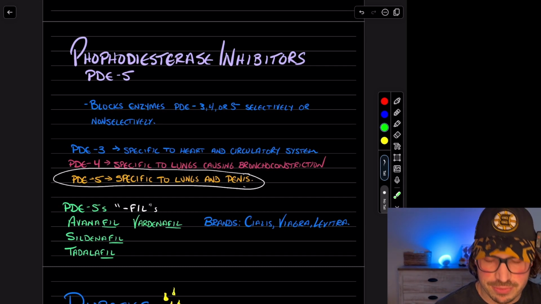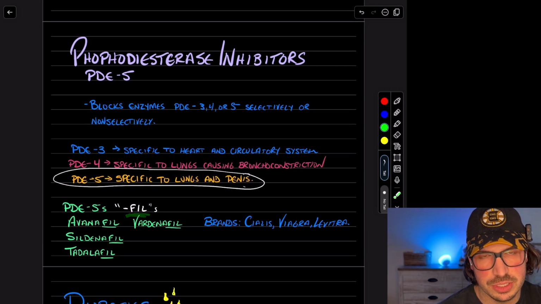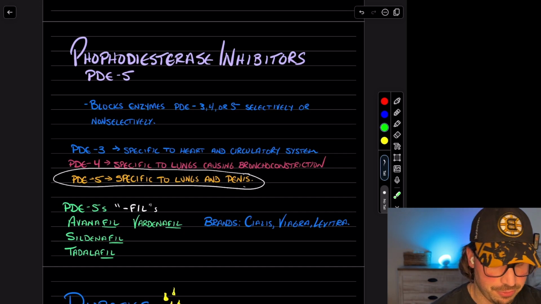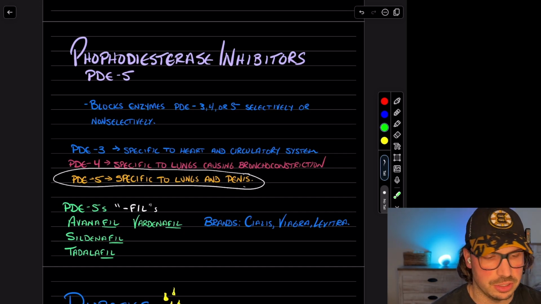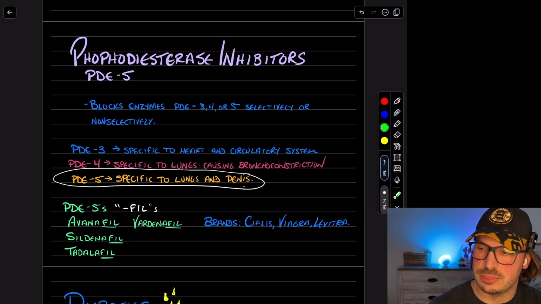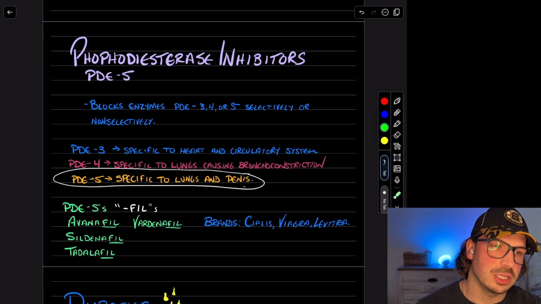So when you look at PDE5 medications, they're all denoted with the suffix "fil," so FIL. So avanafil, sildenafil, tadalafil, vardenafil, those are all your erectile dysfunction medications. As I've discussed before in a few other chapters, these can be prescribed for other things too, such as pulmonary hypertension.